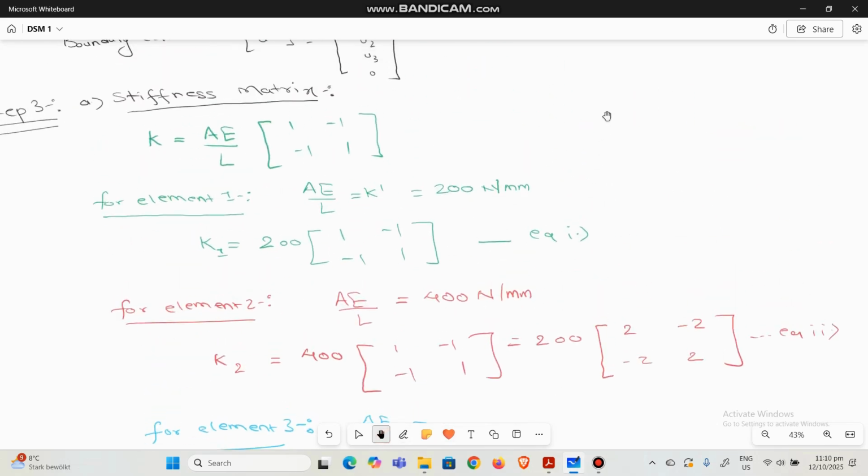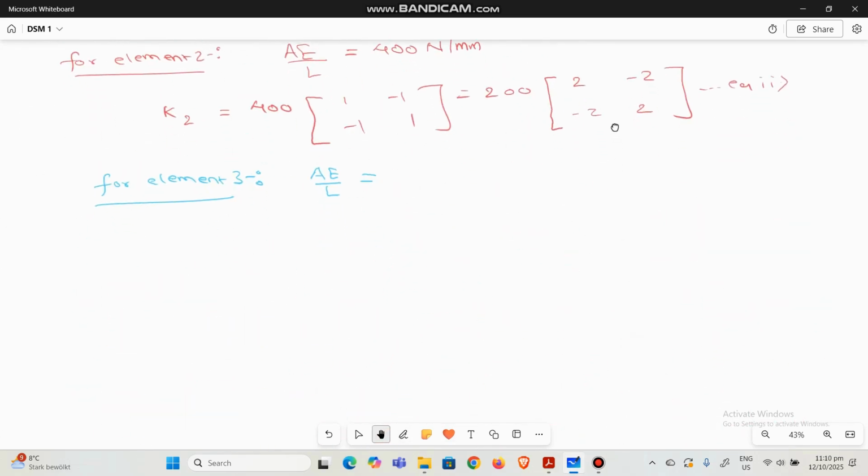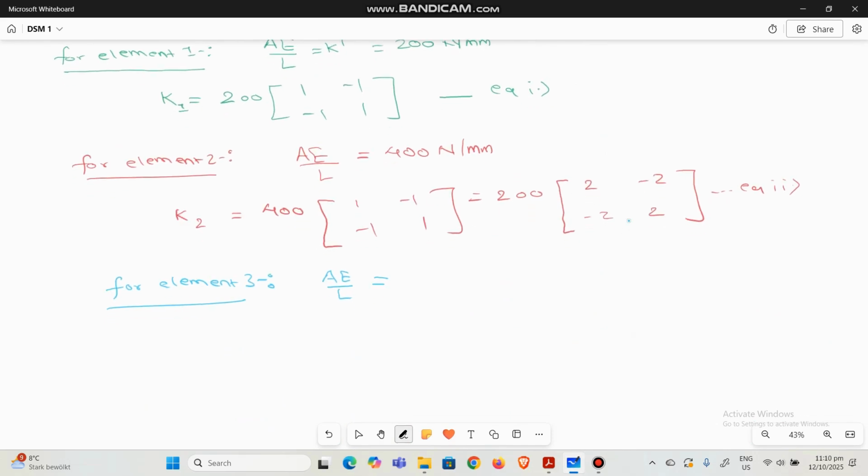Yes. Then we will have our K3 as 600 times 1, -1, -1, 1. Since we are taking 200 outside so that we can take it common from all, 200 times 3 is 600, so 3, -3, -3 and 3. So this will be our equation third.